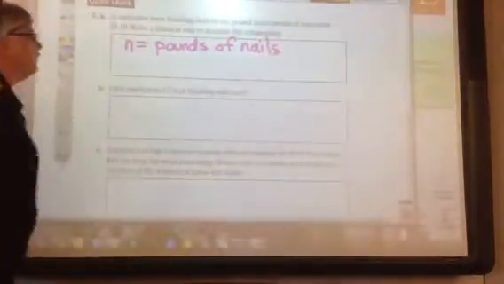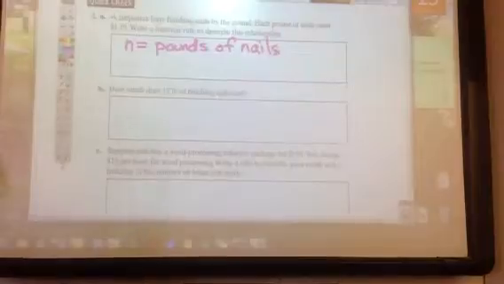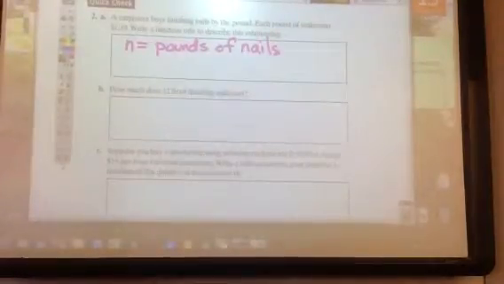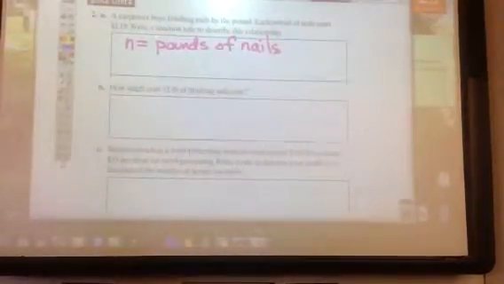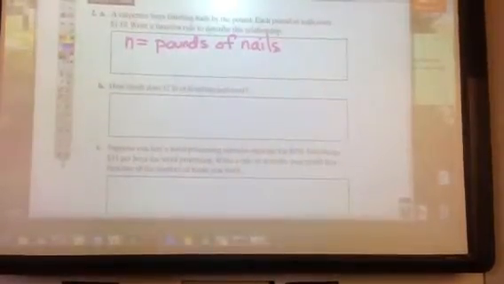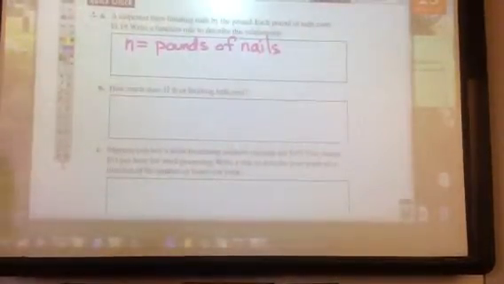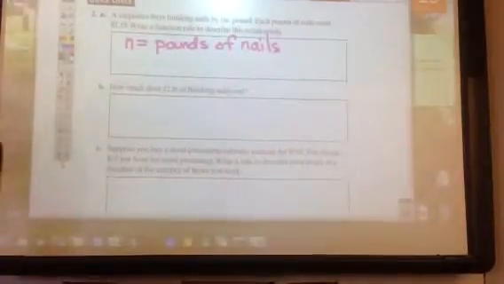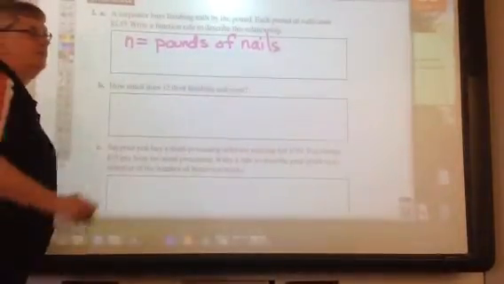All right, that's one variable. What's the other variable? Because we're going to need two. What are they asking us to find? Would it be the total cost? Okay, what variable shall we use for total cost? T.